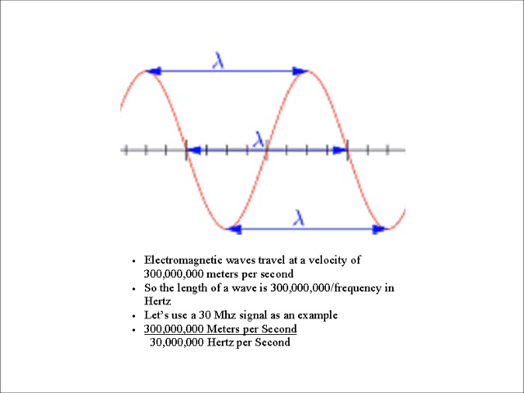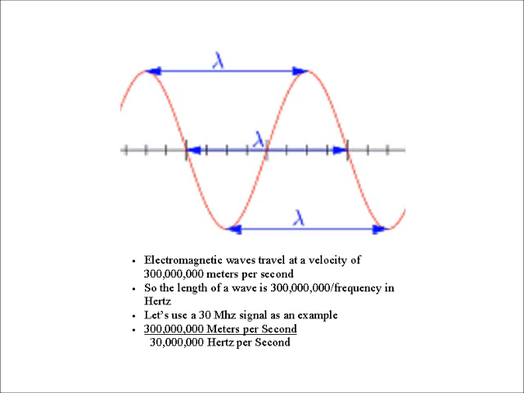So the first term we're talking about is wavelength. Electromagnetic waves. Can anybody tell me what kinds of things are electromagnetic waves?